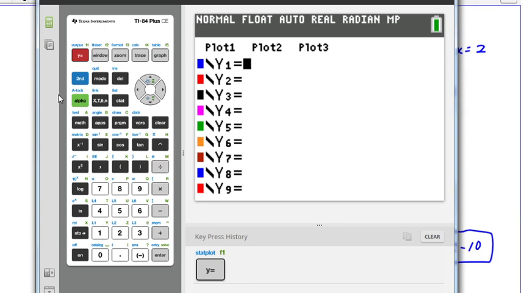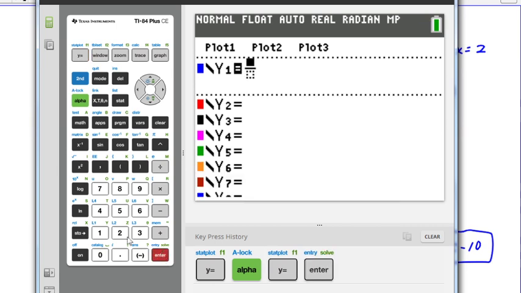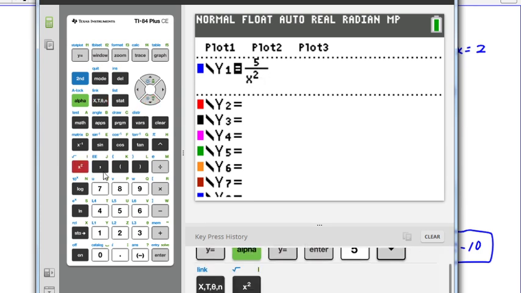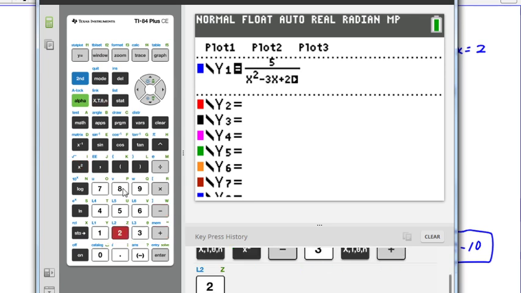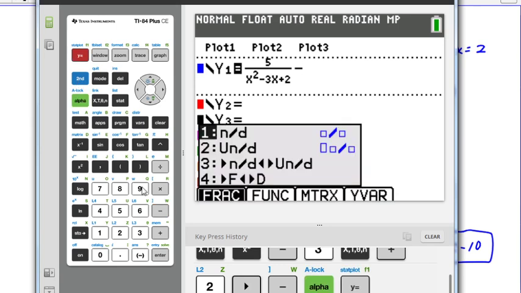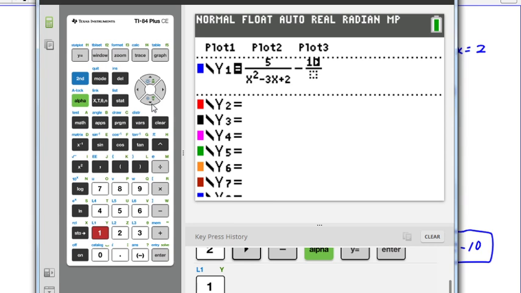What we do is we solve one side for 0, so we put alpha y equals, enter, and we're going to put 5 over x squared minus 3x plus 2, and over here we're going to put minus 1 over x minus 2.